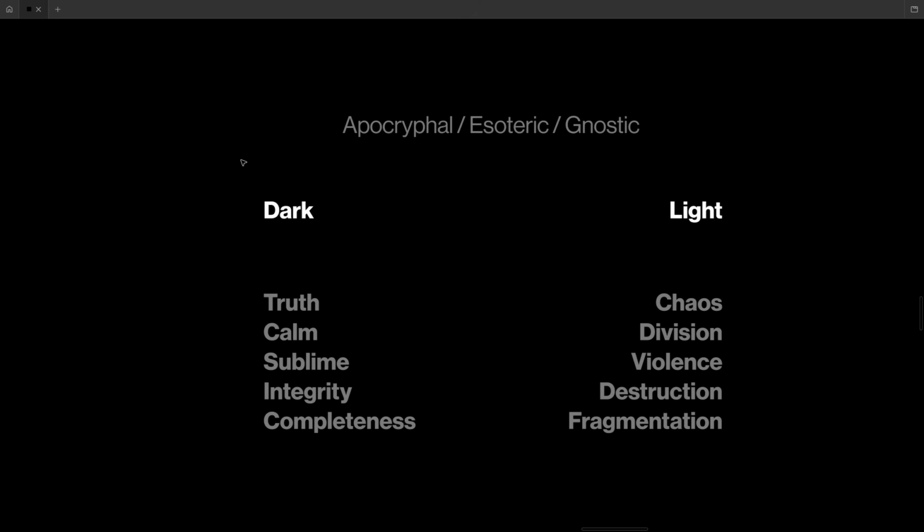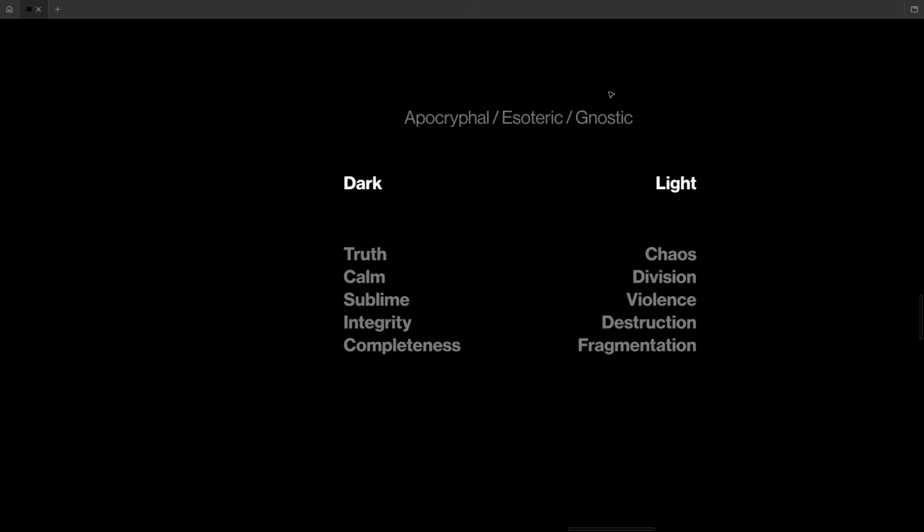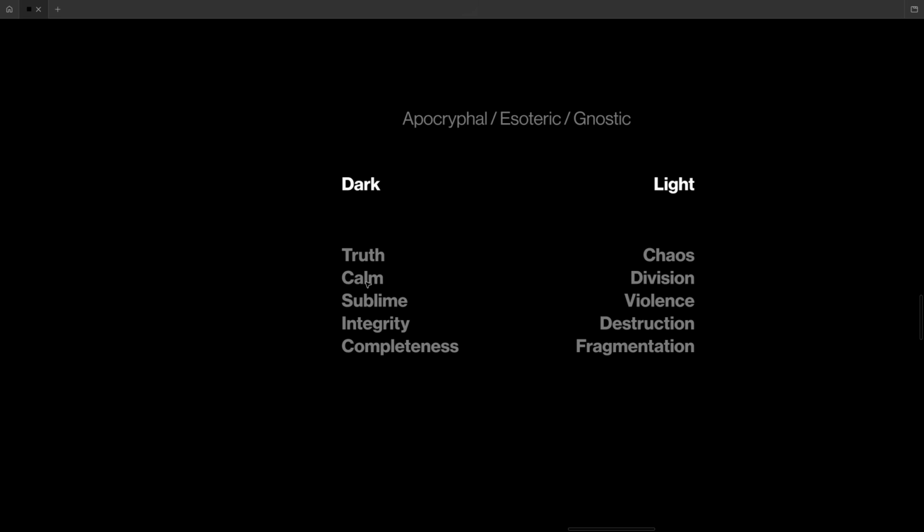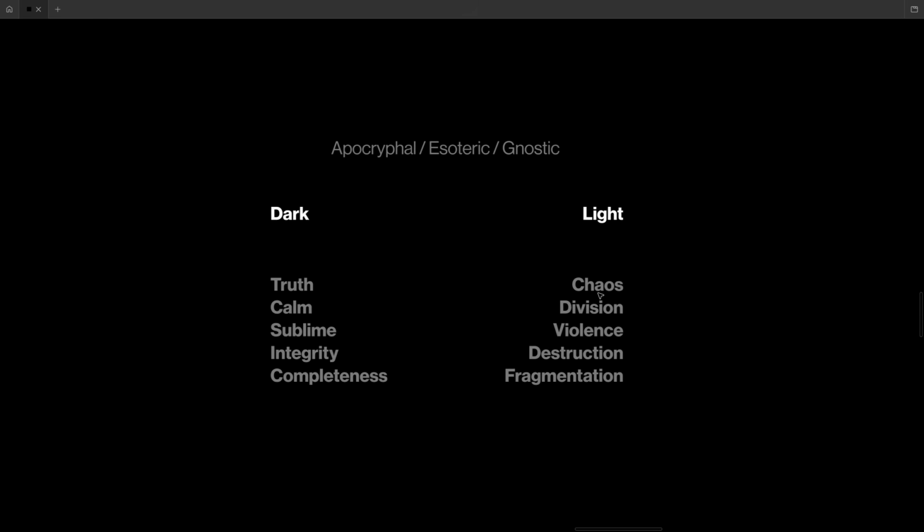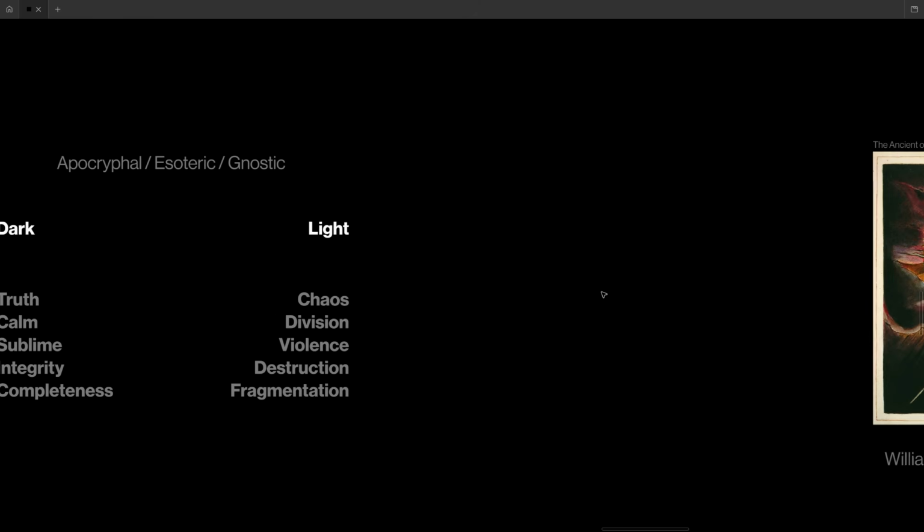Their story, their symbology is apocryphal and esoteric, which means that it is not known by many, it is not mainstream, it is not propagated very commonly. But in this story, in this understanding, darkness is the source of truth and calmness and integrity and wholeness, and light is a destructive and divisive force in the universe.